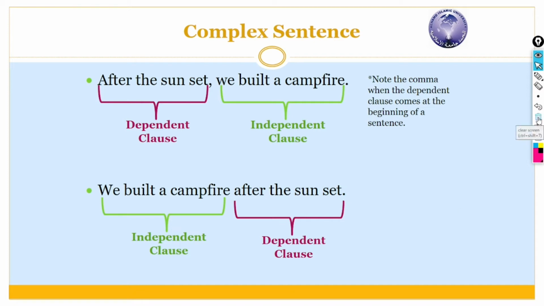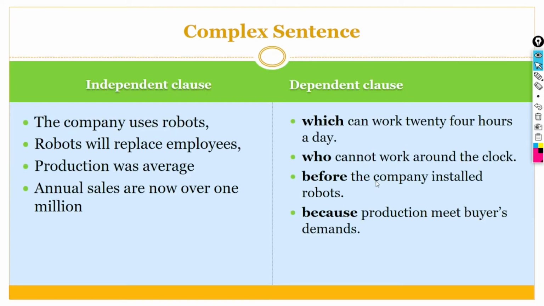So these are examples of complex sentences, and as you know, in a complex sentence there is one independent clause and one or more dependent clauses. Now I would like to share a few examples.